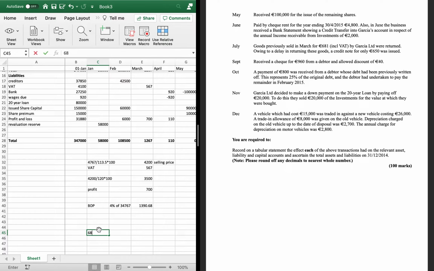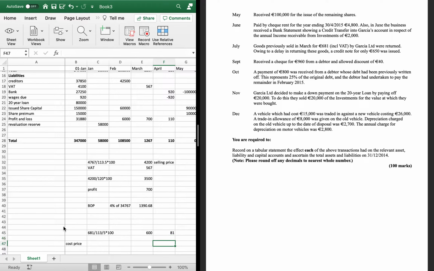So 681 divided by 113.5 and multiplied by 100. That'll give us the VAT exclusive price, which is 600, and I'm going to work backwards then to the cost price, but that means the VAT is 81.